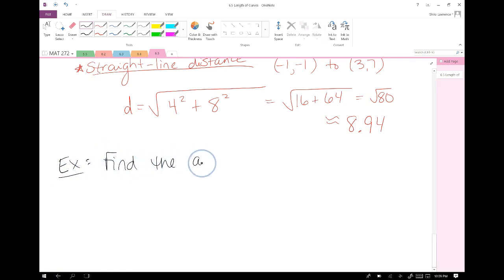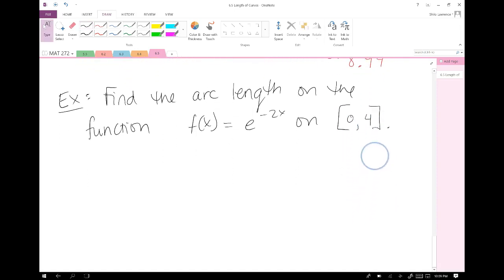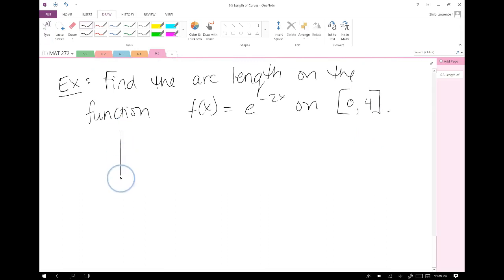We're going to find the arc length on the function f of x equals e to the negative 2x on the interval from 0 to 4. So e to the negative 2x looks a little like that.